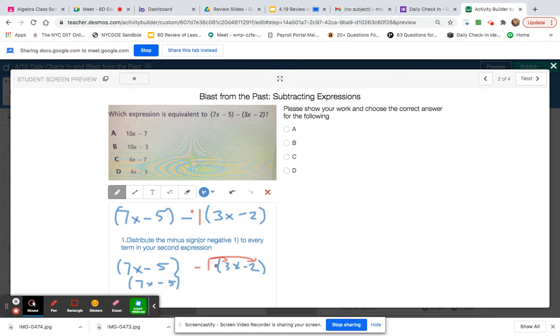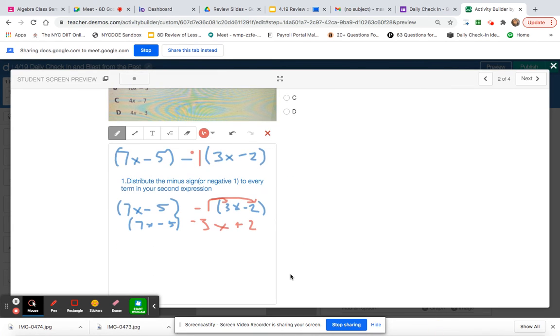And then this becomes -1 times 3x, positive 3x becomes a -3x. And then -1 times -2, and negative times a negative is going to give me a +2. Okay, so now step 2, I can group like terms.